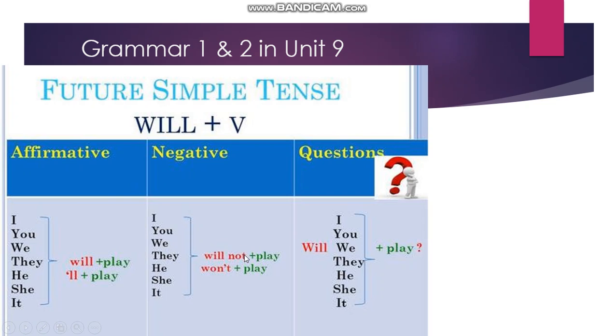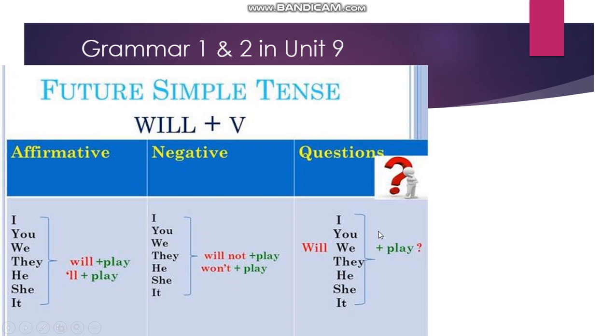We will not or we won't. They will not or they won't. He will not or he won't. She will not or she won't. It will not or it won't.